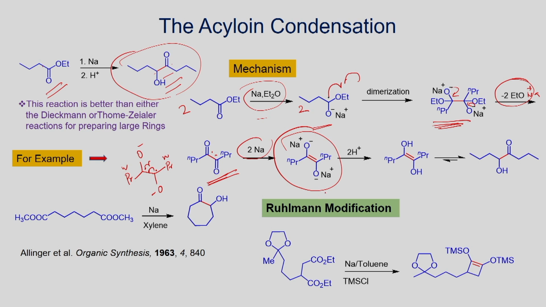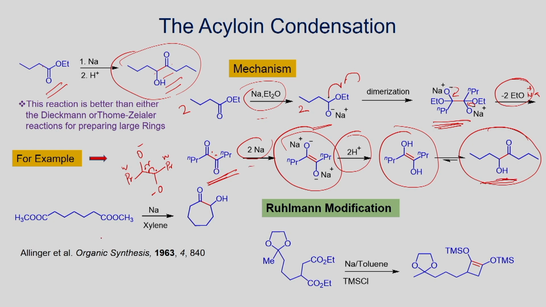Once you form this salt, now when you do protonation, it can form this diol, which can convert into the alpha hydroxy ketone as a product. So this is about, if you have the ester, you can couple, you will be able to form this acyloin as a product by transfer of electrons. In this you need 4 equivalents of sodium, and they can form this compound.